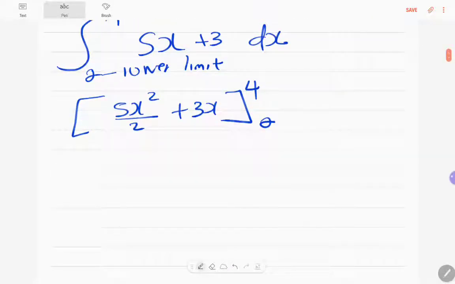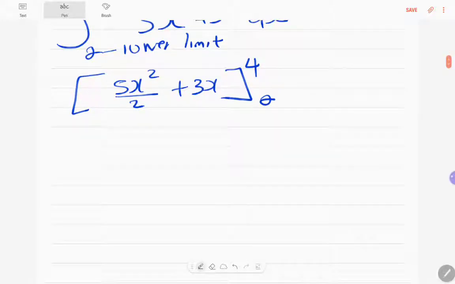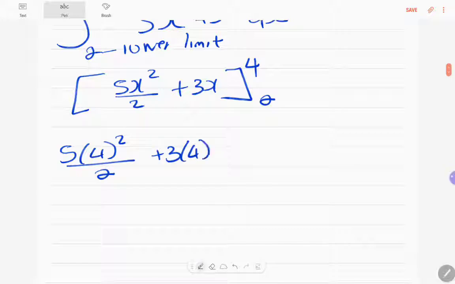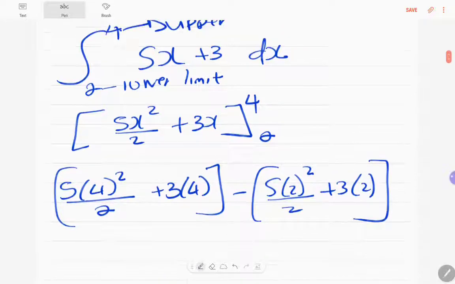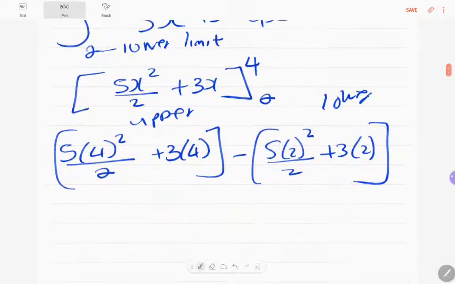Now upper limit will subtract lower limit. Wherever you see x, you first put the upper limit and then subtract, you put the lower limit. It will be 5 into 4 squared all over 2 plus 3 into 4, minus 5 into 2 squared all over 2 plus 3 into 2. This is what it means. It means upper limit must subtract lower. From here you get your answer. You add with the c, which is a constant.